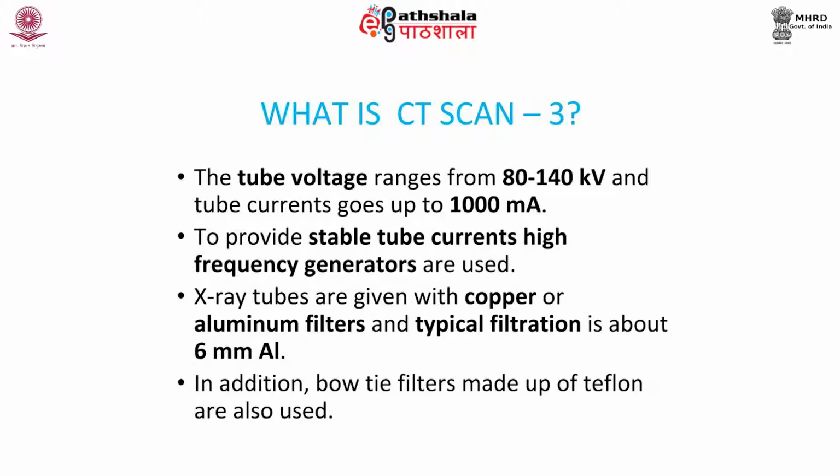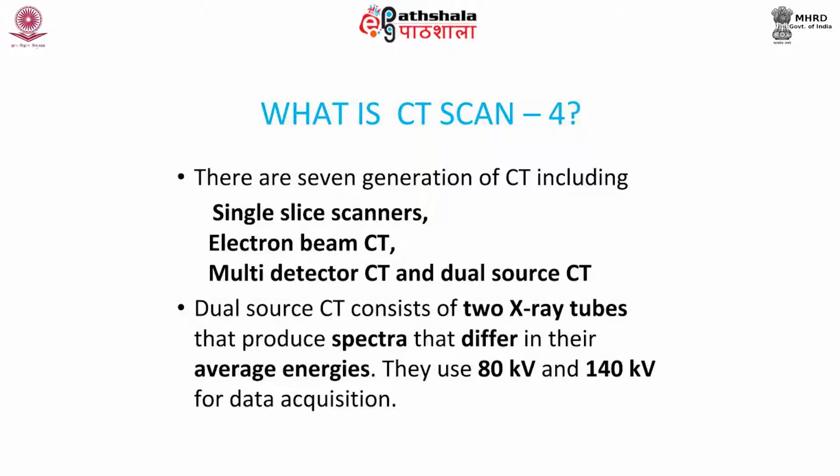In addition, bow tie filters made of Teflon are also used. There are 7 generations of CT scans including single slice scanners, electron beam CT scanners, multi-detector CT and dual source CT.